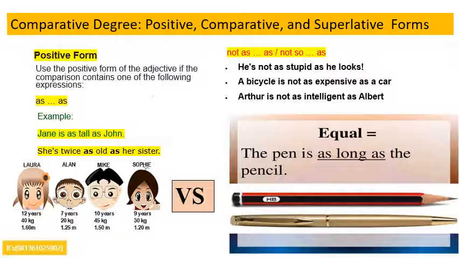Comparative degree is classified into three classes. The first is positive, comparative and superiority form. In the positive form, use the positive form of the adjective if the comparison contains one of the following expressions: as... as, meaning it is equal, or not as... as, or not so... as, to show it is not equal.